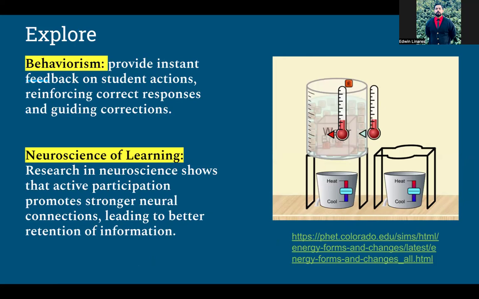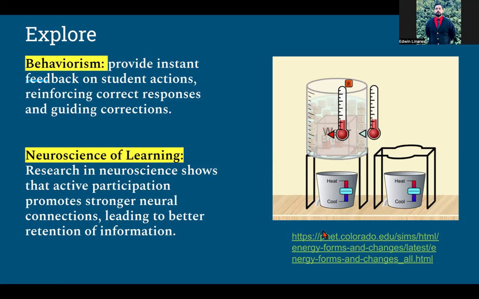The first theory here is behaviorism because it provides instant feedback on students' actions, reinforces the correct responses, and guides students towards the corrections. Also, this involves the neuroscience of learning because research in neuroscience has actually shown that active participation promotes stronger neural connections, leading to better retention of information.